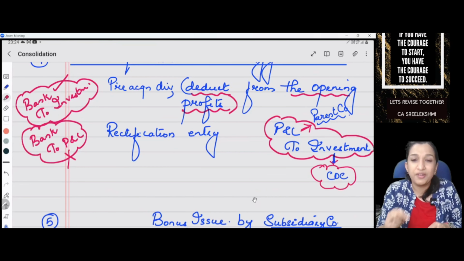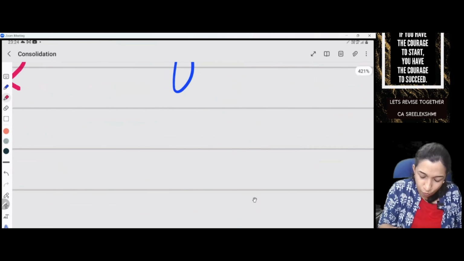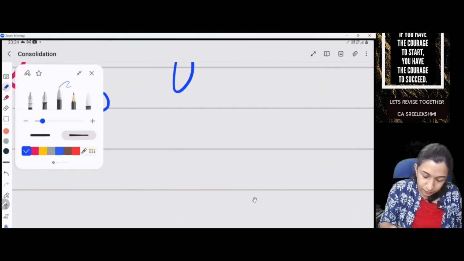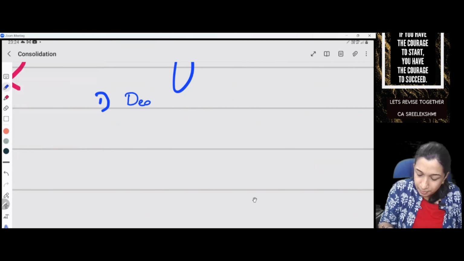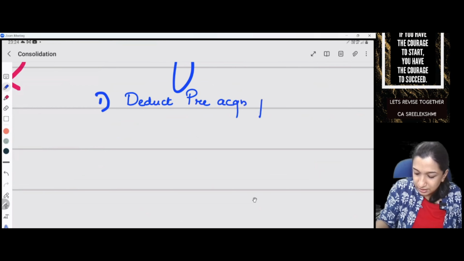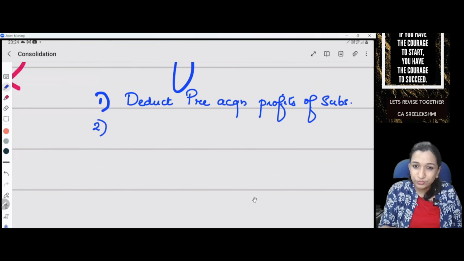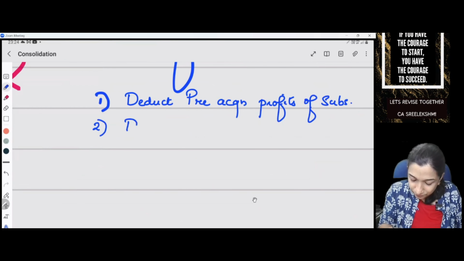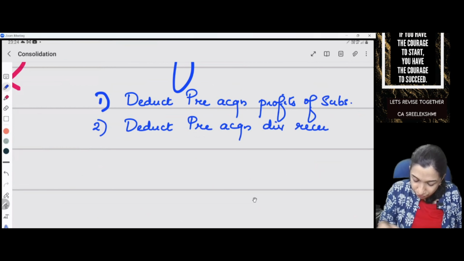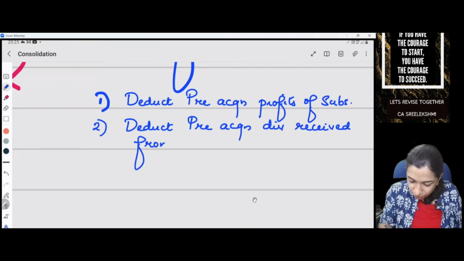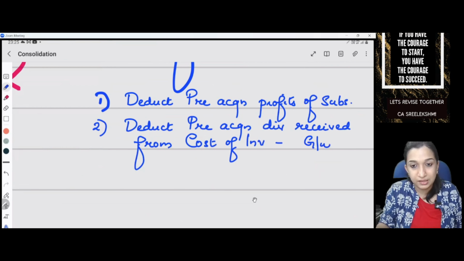So where are the effects of a pre-acquisition dividend wrongly credited? One: deduct from the pre-acquisition profits of the subsidiary. Two: deduct the pre-acquisition dividend received from the cost of investment while calculating goodwill or capital reserve.